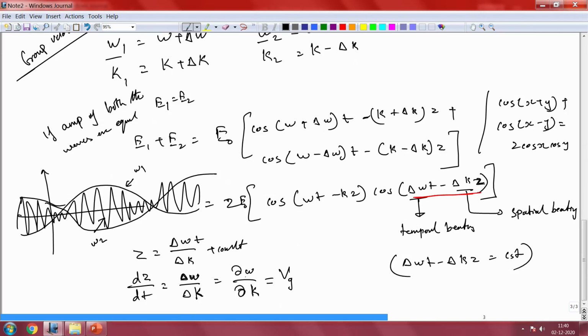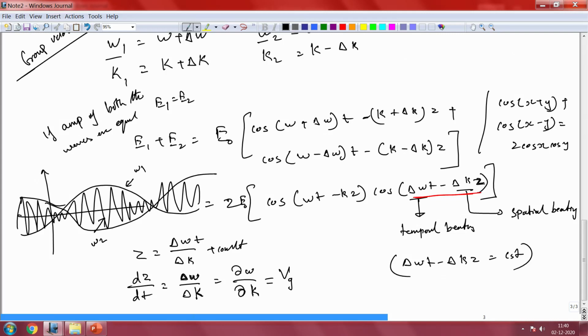When d omega over dk is a constant, when you don't have this delta omega, if the delta omega goes to 0, then d omega over dk becomes the phase velocity.